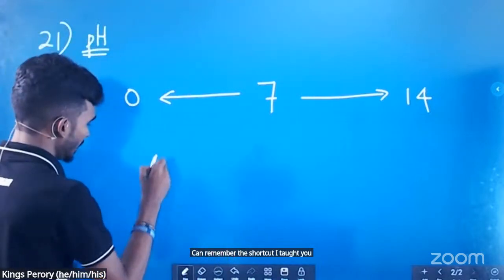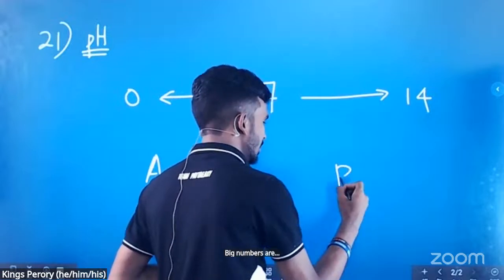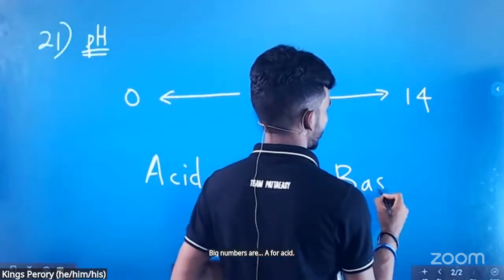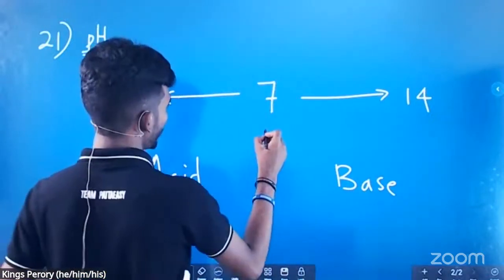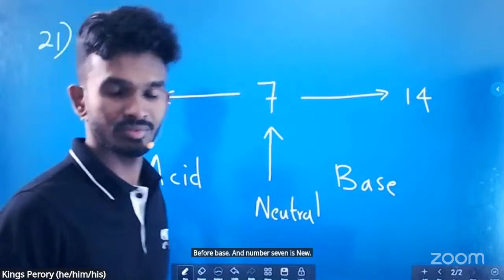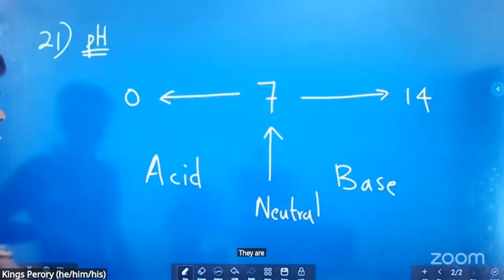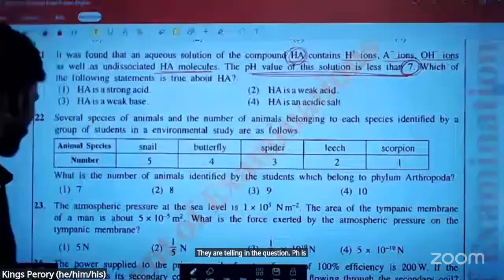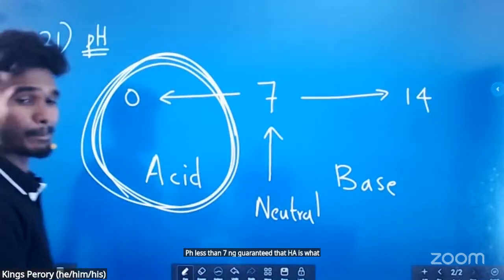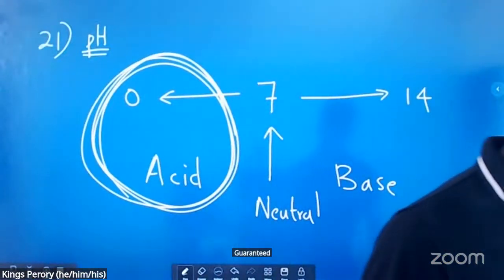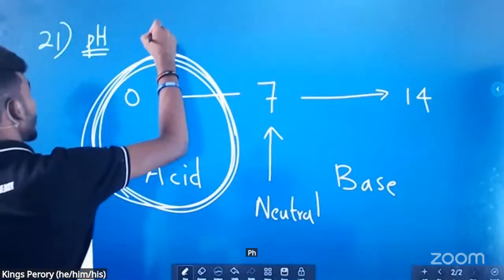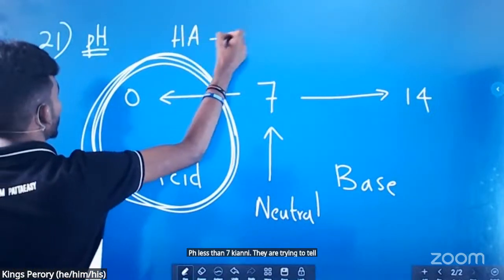Small numbers are A, big numbers are B. A for acid, B for base, and number 7 is neutral. They are telling us the pH is less than 7. So pH less than 7, guaranteed HA is what kind of compound? Guaranteed it's an acid. pH less than 7 means they are trying to tell us HA is an acid.